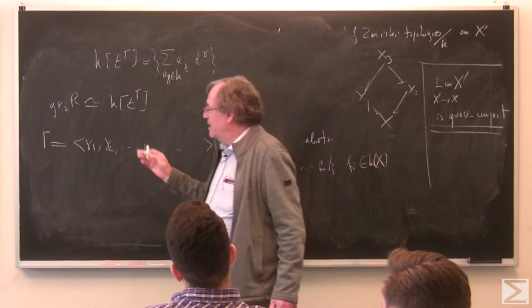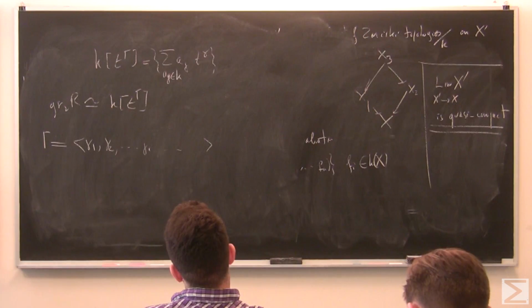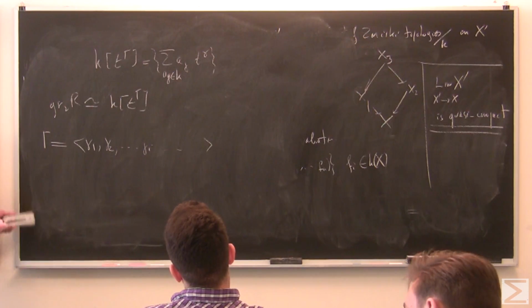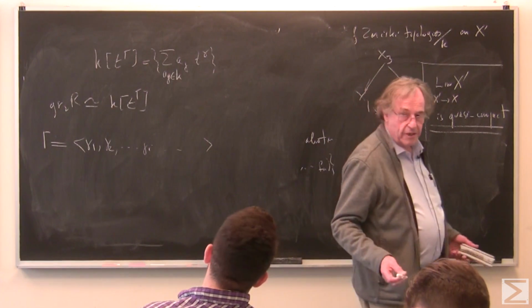Because the ordinal type of the generators of the semigroup may not be omega. It's not finite because we are not assuming that it's finitely generated, but it may even be larger than omega.